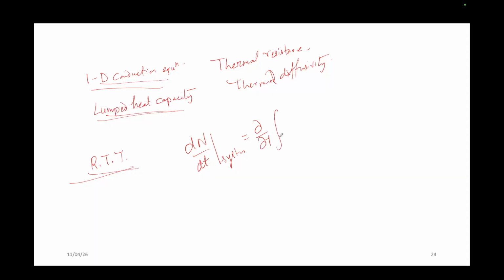Before this Reynolds transport equation, why are we using the Lagrangian and Eulerian approach? To convert a control mass into a control volume approach, right? Here n is the property. So what are the assumptions?